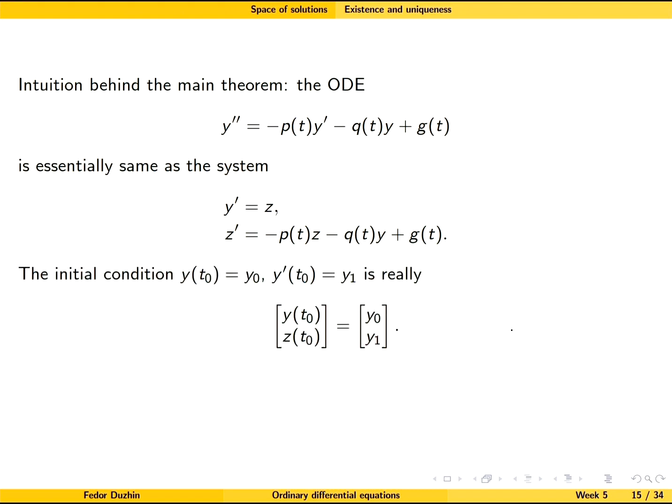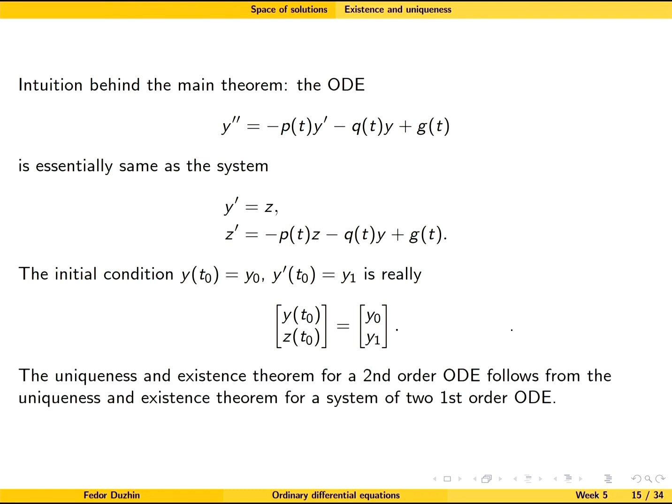The initial condition then translates into the initial condition for the two unknown functions. Then the existence and uniqueness theorem for second order differential equations just follows from the existence and uniqueness theorem for systems of two first order differential equations.